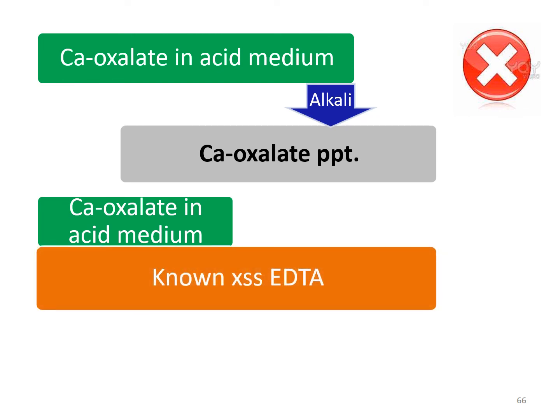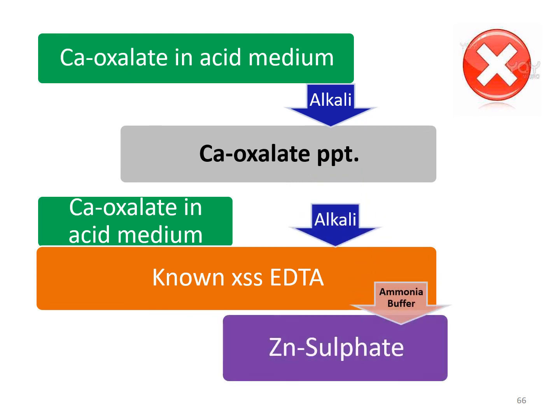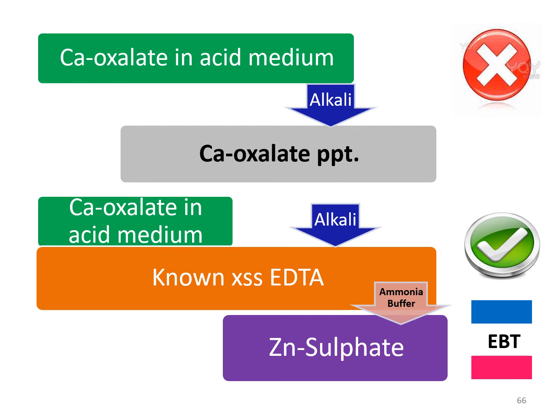So calcium oxalate in acid medium is treated with excess EDTA, then alkaline medium using a buffer, and the residual EDTA is reacted with zinc sulfate. The endpoint will be the change of color if we use EBT from pure blue to wine red, from the free form to the metallized form.